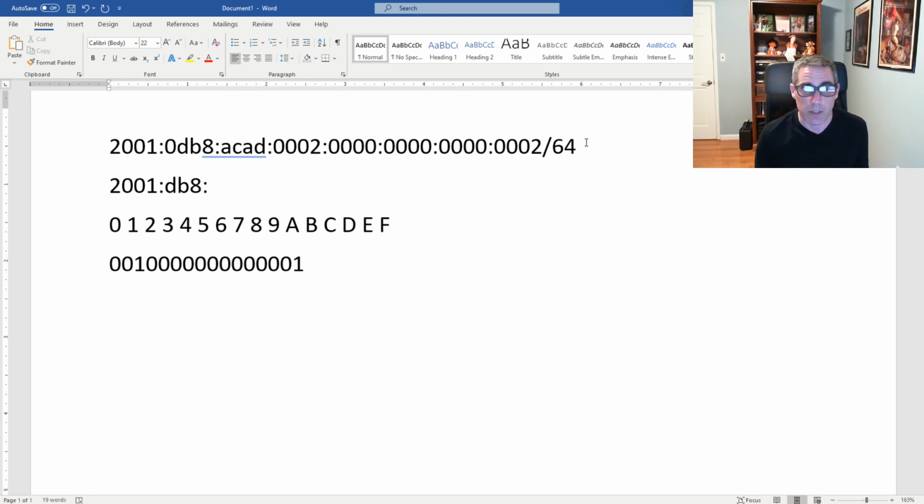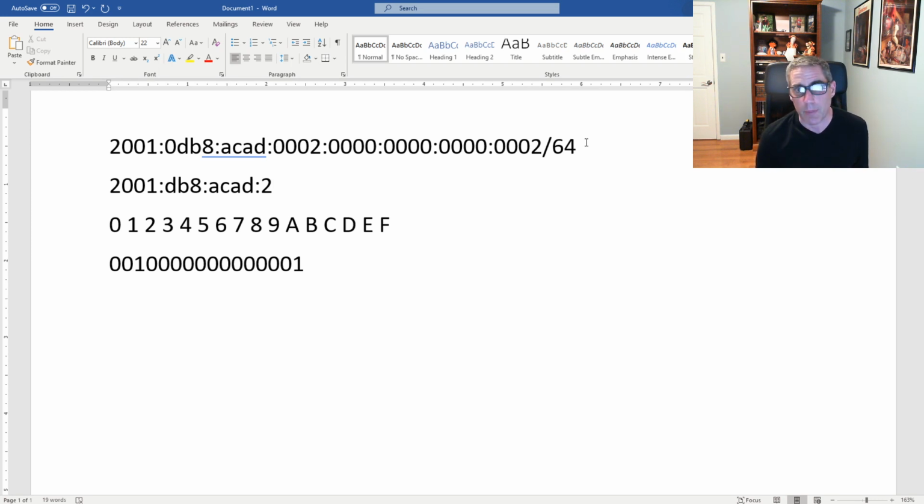So 2001, db8. Now, instead of 0db8, it's the same as saying we have 2 instead of 02. 02 doesn't offer any additional information, so we have 2. Then we add ACAD, and with this next hextet, we can really reduce what we're typing. Instead of 3 zeros and a 2, we have just the 2.